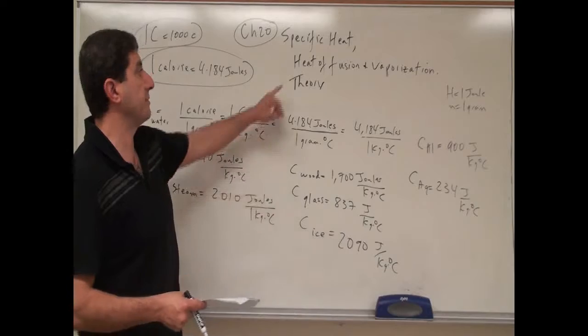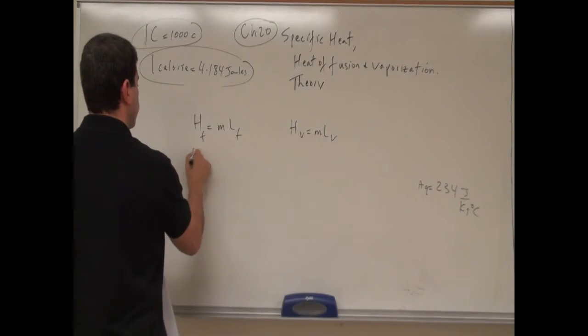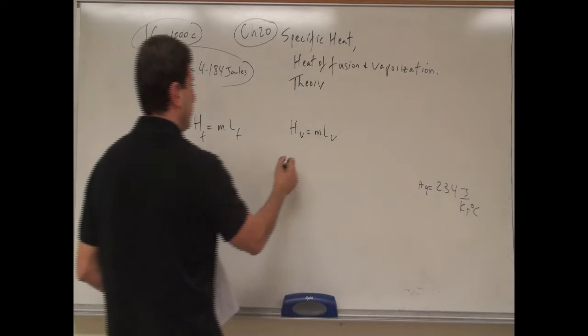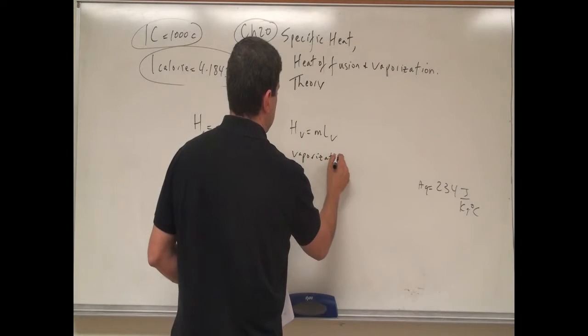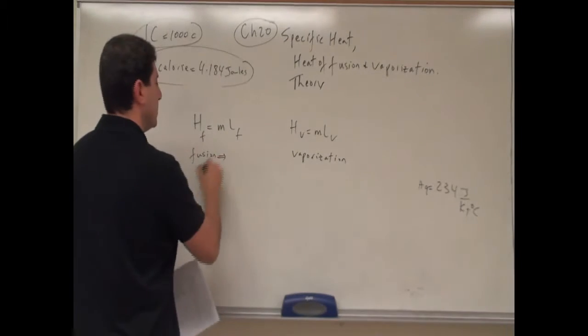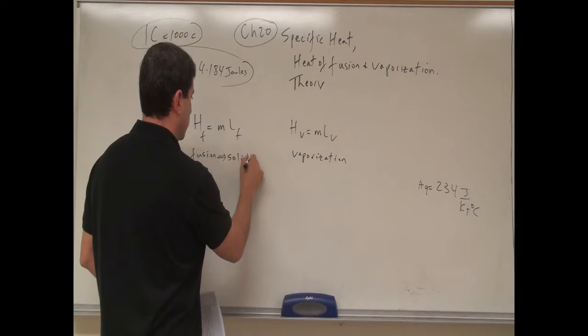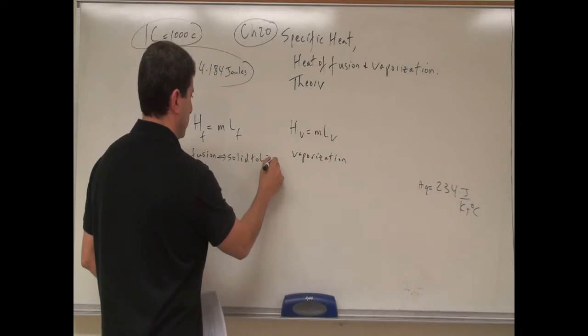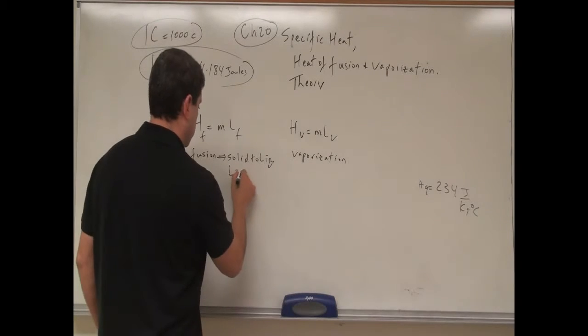So this gives you some examples of the different specific heats of materials, and then we'll do some examples of them. Now let's talk about heat of fusion and vaporization. Okay? F stands for fusion, and V stands for vaporization. So fusion would be going from solid to liquid, or you could go liquid back to solid, right?